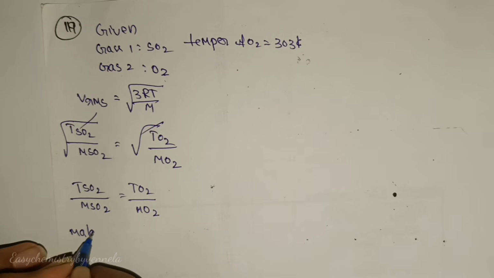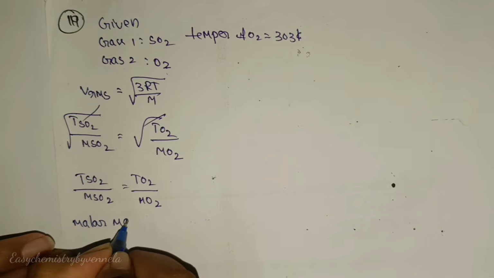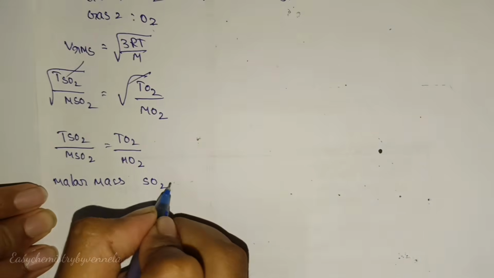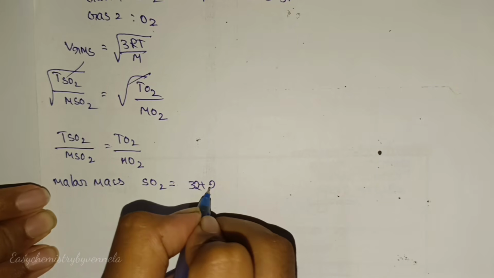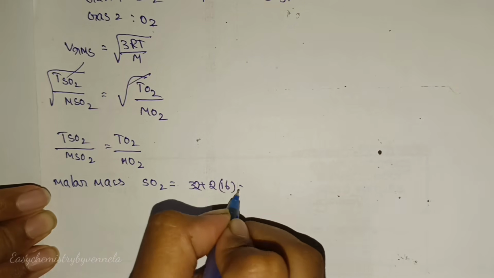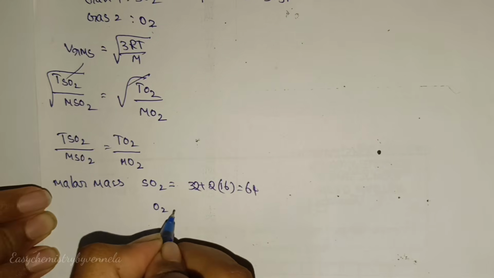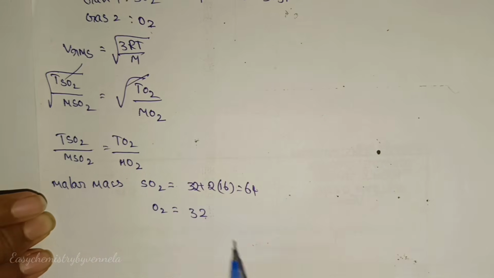Molar masses: what are the molar masses for SO2 and O2? SO2 is 32 plus 2 into 16, how much? 64. For O2, how much? 32.